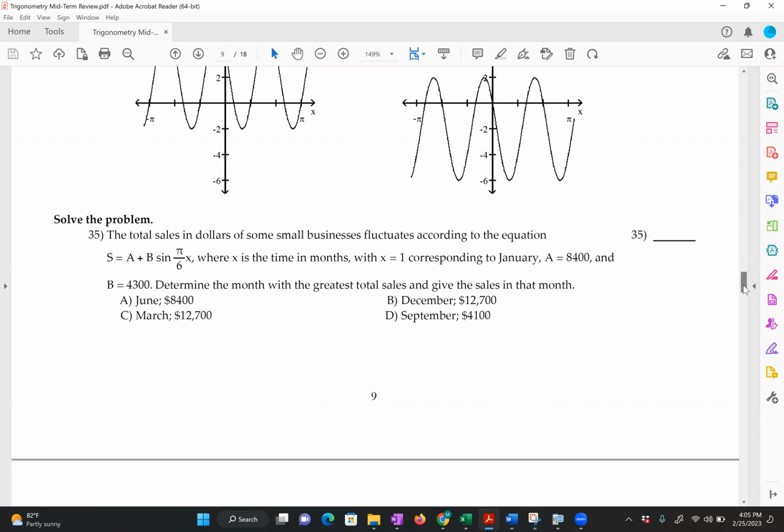Doing a little mental math, I'm thinking it's going to be 1, 2, 3, so the month should be March. And a little mental math puts me at 12,700 if you just simply add the two, 8,400 and 4,300. So pretty fairly easy.